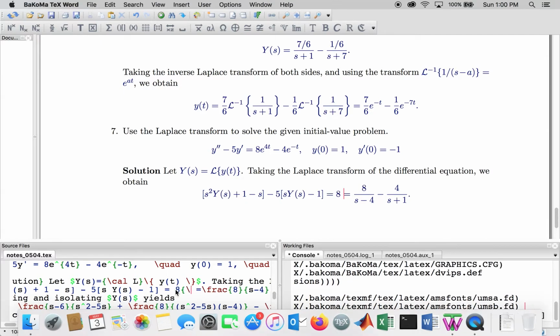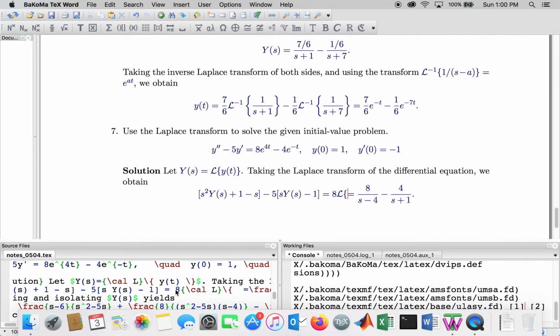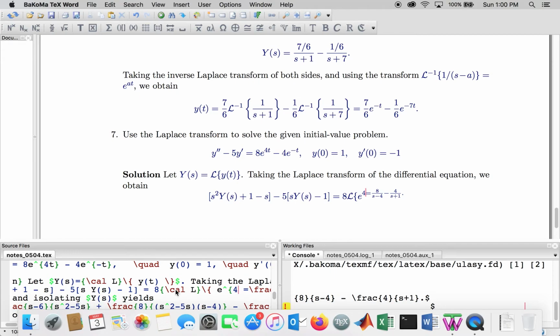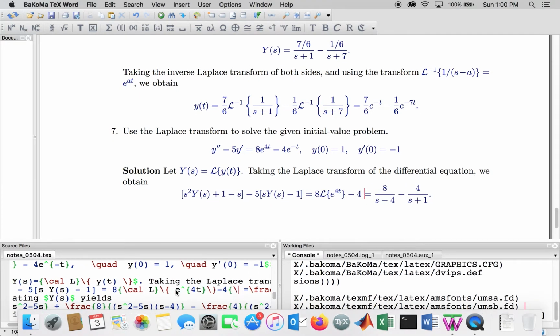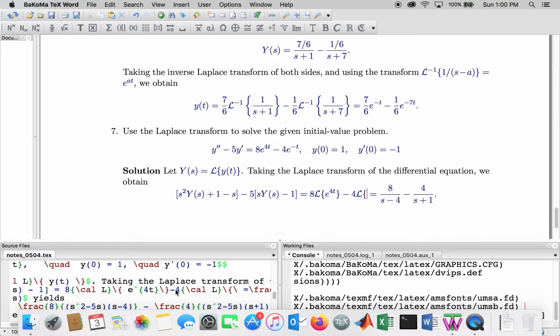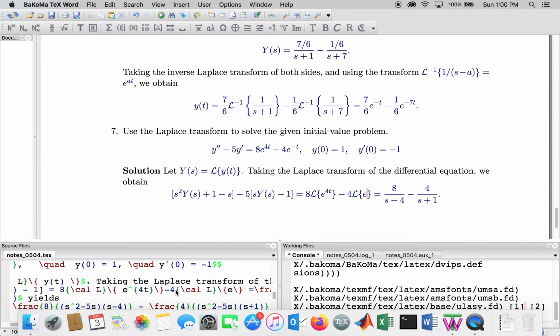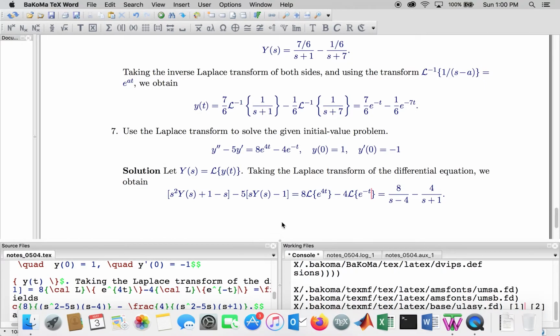So 8 times the Laplace transform of e to the 4t minus 4 times the Laplace transform of e to the minus t. So from e to the 4t we get 1 over s minus 4. From e to the minus t we get 1 over s minus a, which is s minus minus 1, so s plus 1, and then it's multiplied by minus 4.